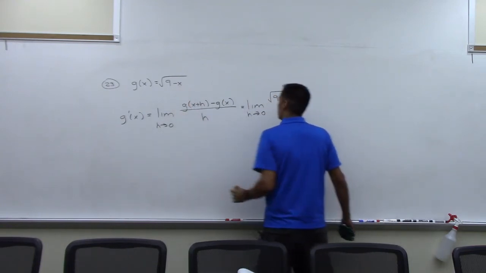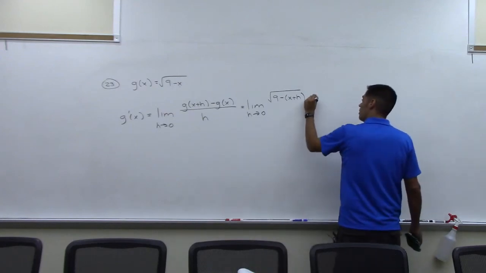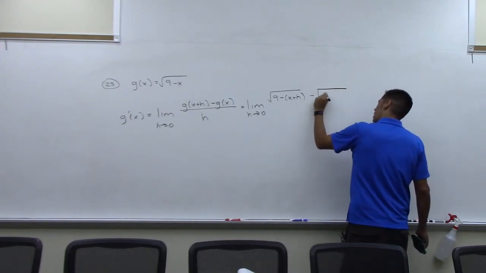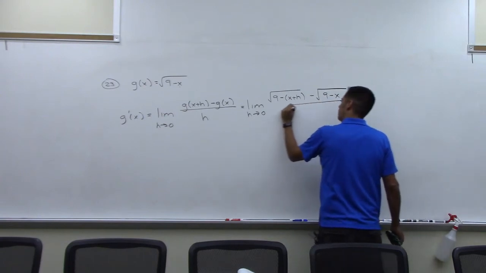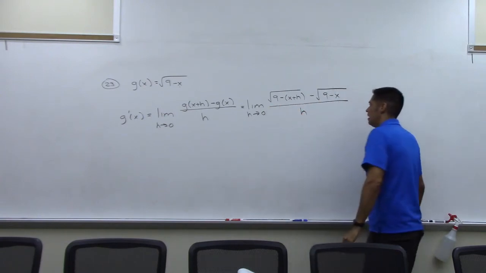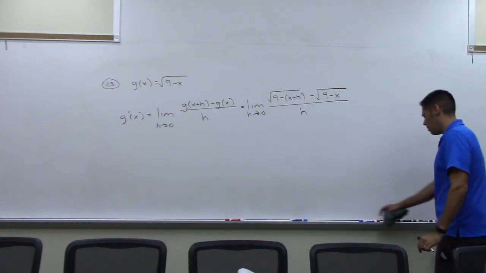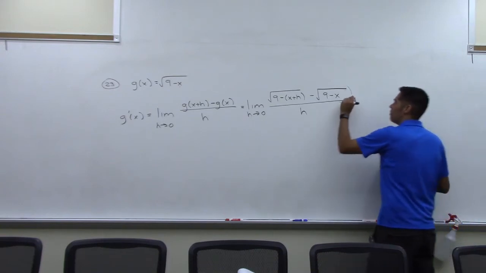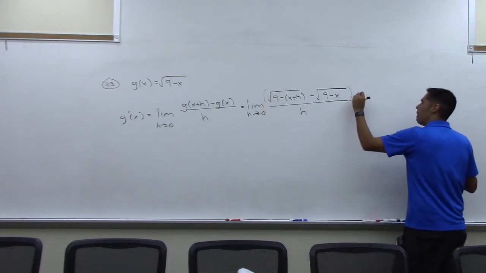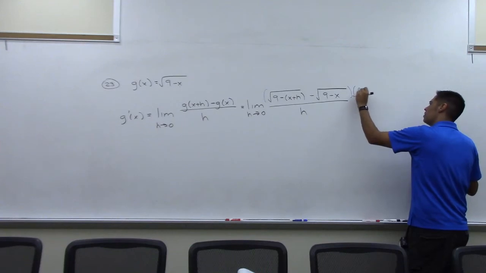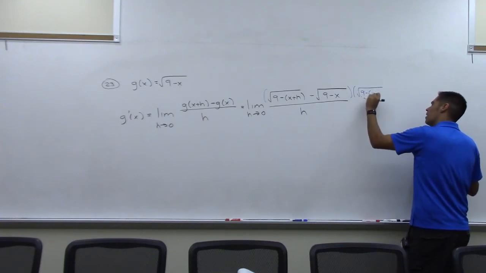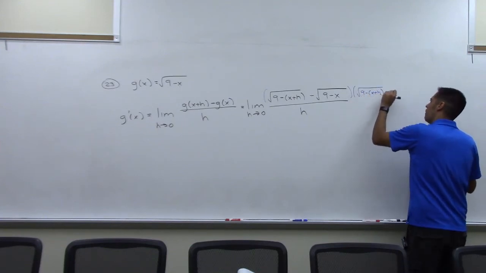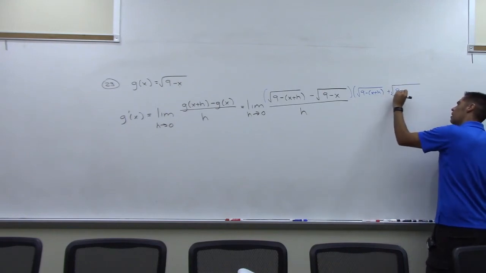The minus is in front, so it's going to distribute. And then 9 minus x here under the root, and then h. And I think you can see pretty much straight away, hopefully, that we're just going to come right in with the conjugate on this. Multiply this by root 9 minus x plus h plus root 9 minus x.